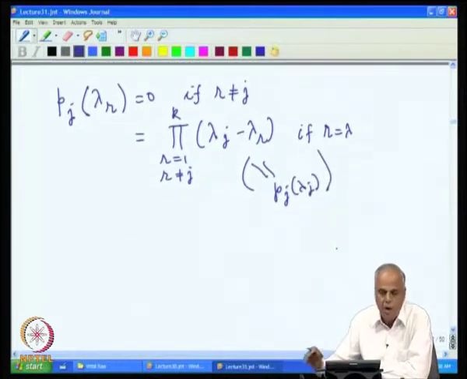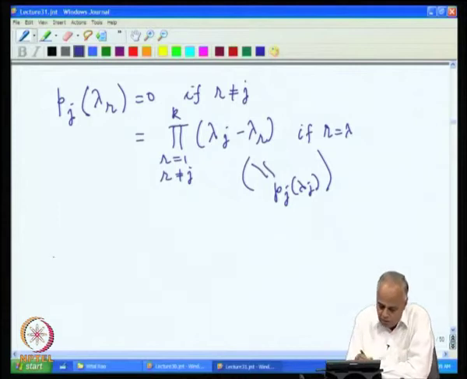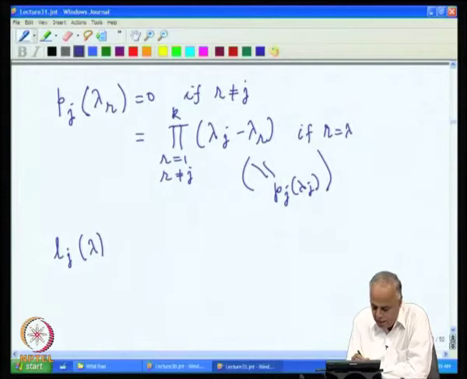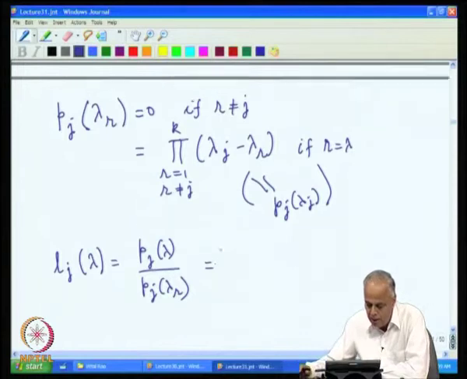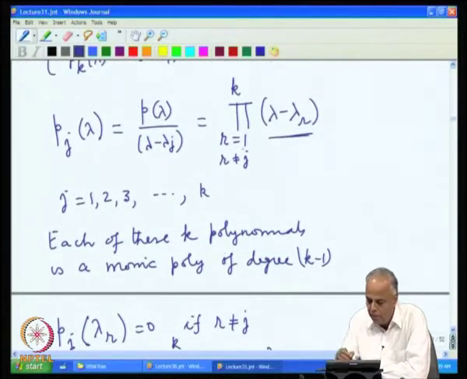Now, we normalize these polynomials. Suppose I define L j lambda to be p j lambda divided by p j lambda j. What is this polynomial? P j lambda is this polynomial except the jth term.